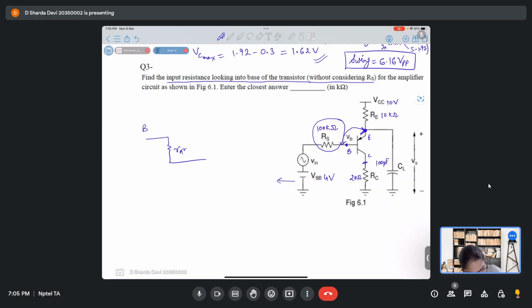Base, this is emitter, collector, there will be RE, RC, R0, this is C. Did we miss out something?